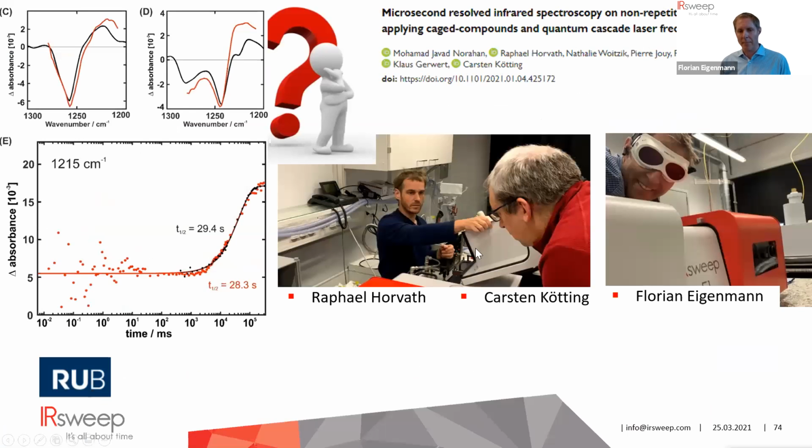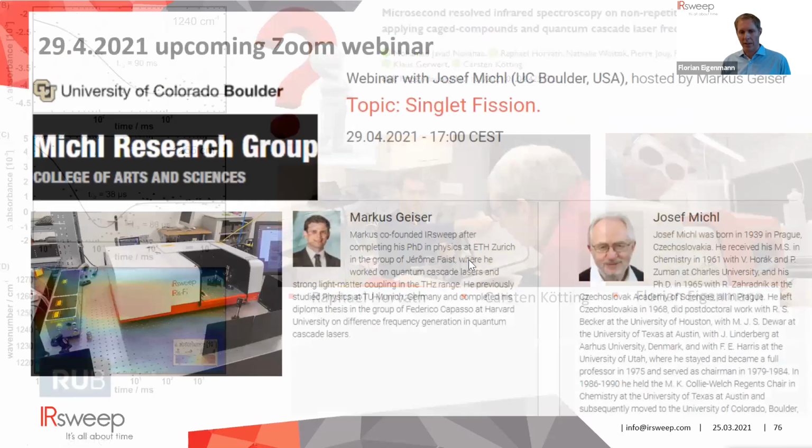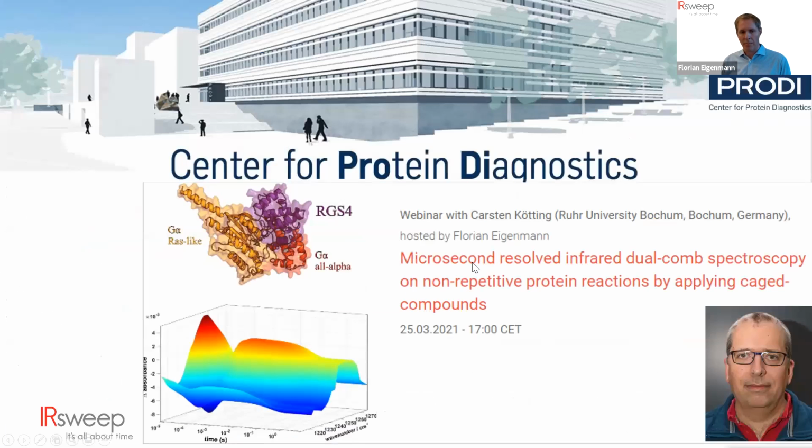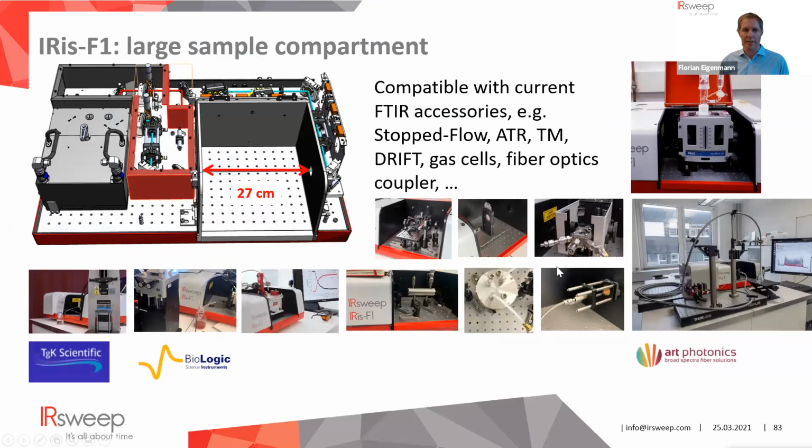Here you see the entire range, where you can place several accessories right away in the sample compartment. So you can focus the beam, you can use ATR units, you can use gas cells. There are a lot of possibilities with this first commercially available dual comp spectrometer.